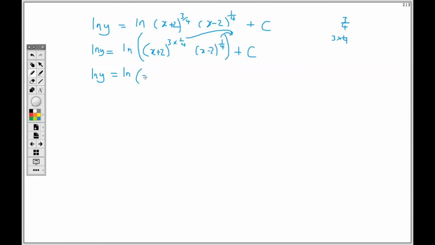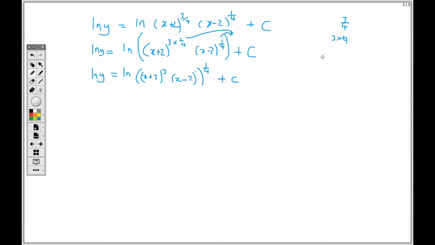So what I'll have is x plus 2 raised to the power 3 times x minus 2 raised to the 1 over 4. So the 1 over 4 is on the outside, and it's the same thing. When you multiply, you're getting the 3 over 4 and 1 over 4 here.